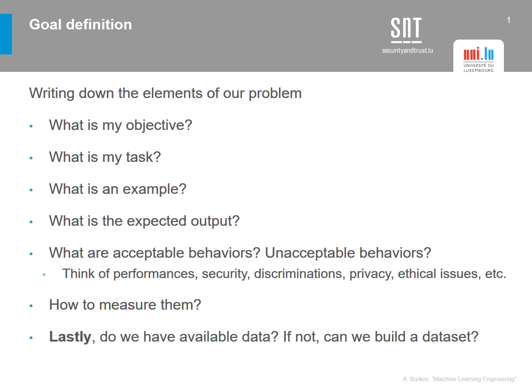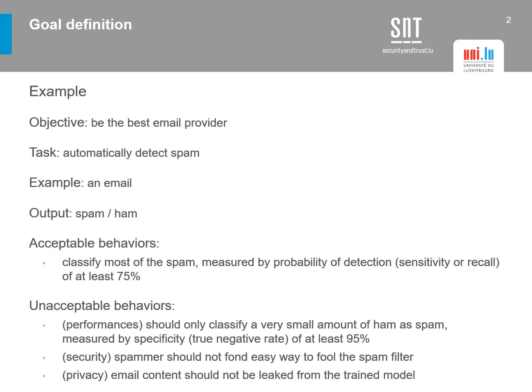Now, let's try to understand with the help of an example. We will take the example of the spam filtering case. So, we need to ask ourselves, what is the objective in this case? Well, I am an email provider and I want to offer the best services possible to my users. So, this is my general objective.